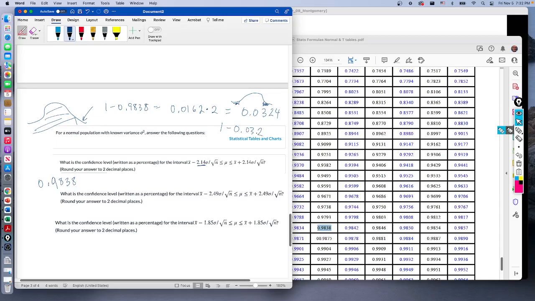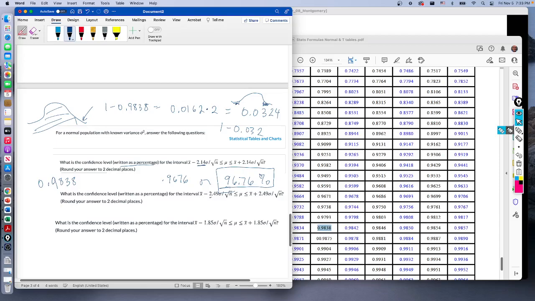So we then take 1 minus the answer, 0.0324, and we come up with that our confidence interval would be 0.9676, or if we want 96.76%. So I think when they say round to 2 decimal places, this is what they're looking for. They actually want the percentage. What is the confidence interval written as a percentage? Just read the instructions and you'll know what to do. Usually, if all else fails, I read the instructions. Okay, 96.76. So that's the 2 decimal places they want.